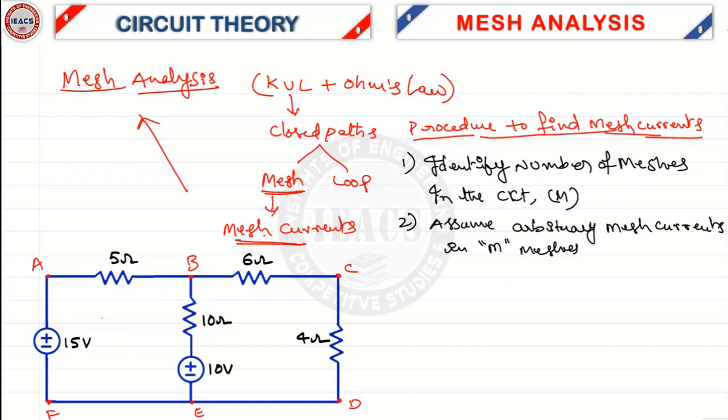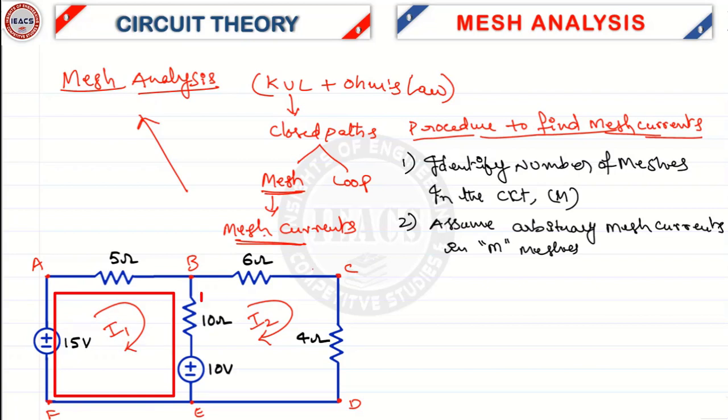So this is mesh current I1 and this is mesh current I2. The names and the direction of these mesh currents are purely arbitrary. The direction can be assumed in any direction. I have assumed the mesh current of the mesh A, B, E, F, A in the clockwise direction.